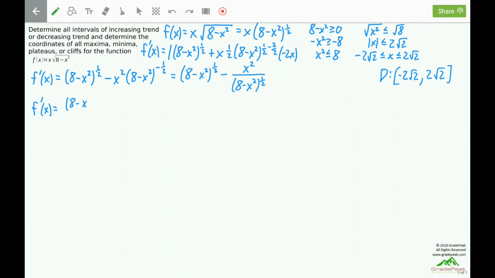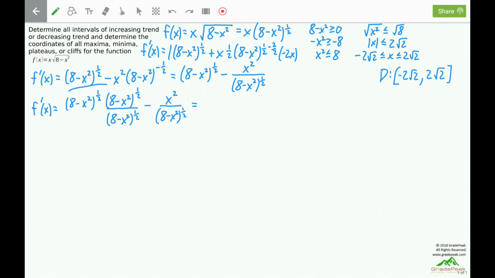It is 8 minus x squared to the 1/2 power, but we can multiply it by 8 minus x squared to the 1/2 power over itself, a form of 1, so we do not change the value, just the look. This will give it a common denominator with the second term, which is negative x squared over that same denominator of 8 minus x squared to the 1/2 power.